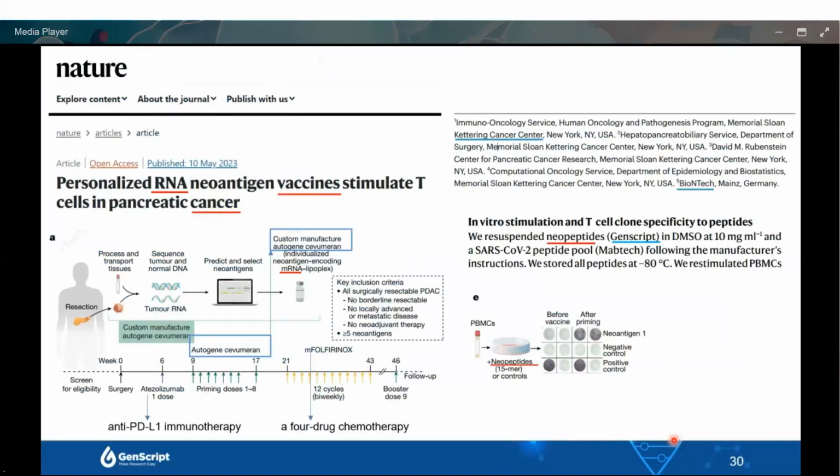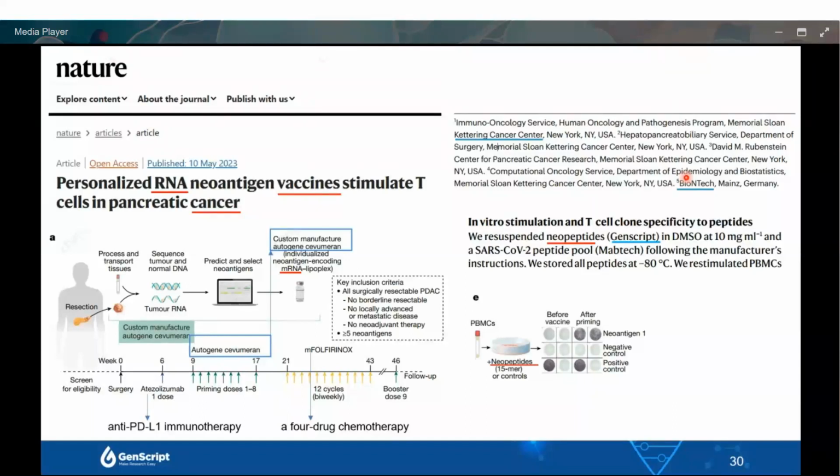Now this is a case from BioNTech. It was published last year in May, and it's a very important neoantigen vaccine that many people are paying attention to.